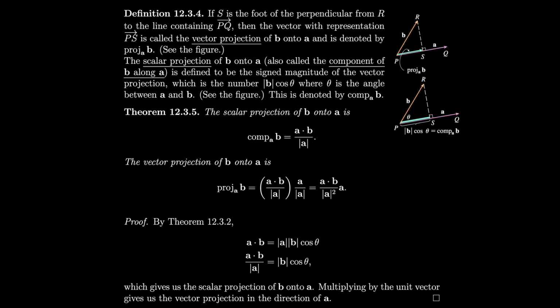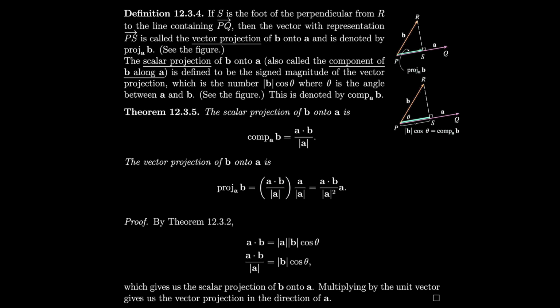So the scalar projection of B onto A is the dot product over the length of A. And the projection of B onto A is the dot product over the length of A times the unit vector version of A.